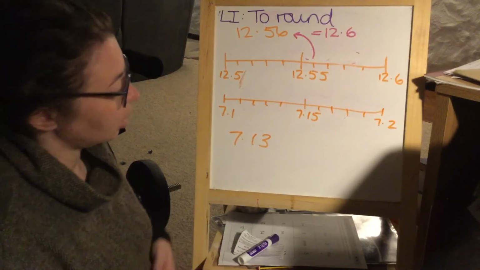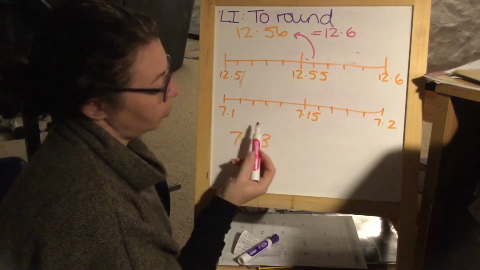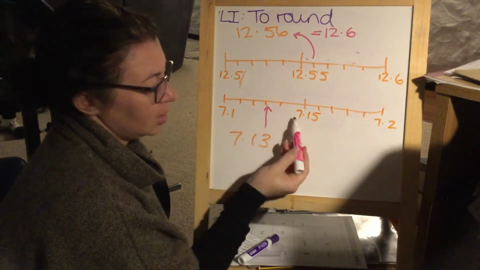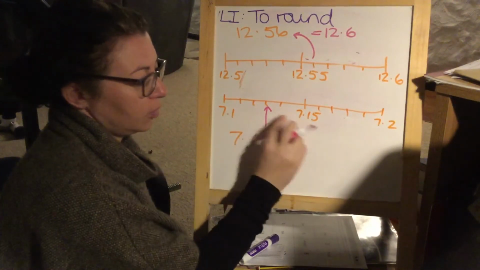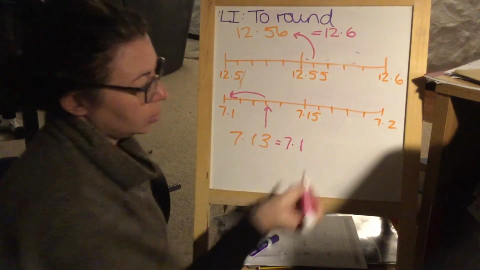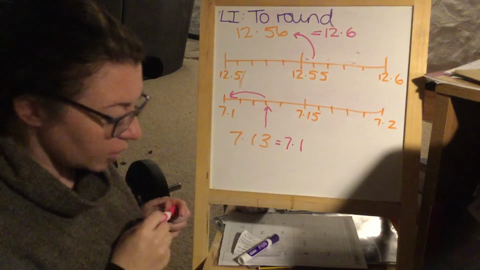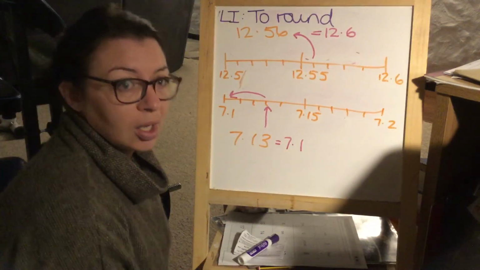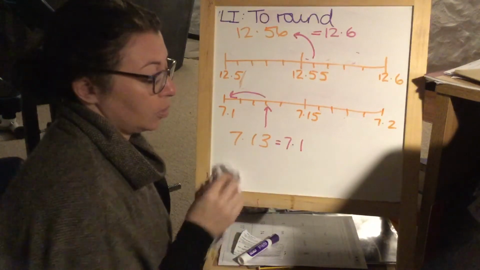Okay, so we'll think, 7.11, 7.12, 7.13 would go here, so it is less than 7.15, so it needs to round down to 7.1. So for the first couple of slides you're going to be asked to use a number line. After that you aren't, alright?